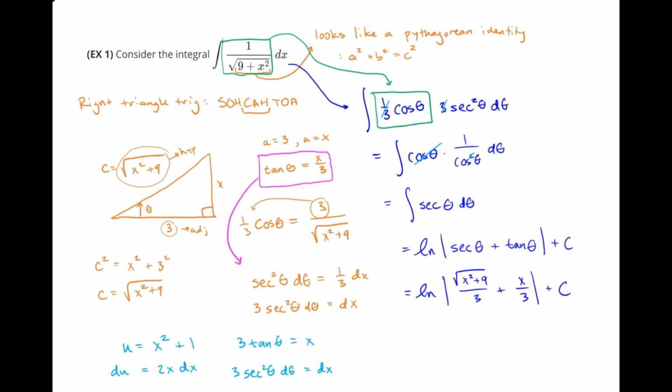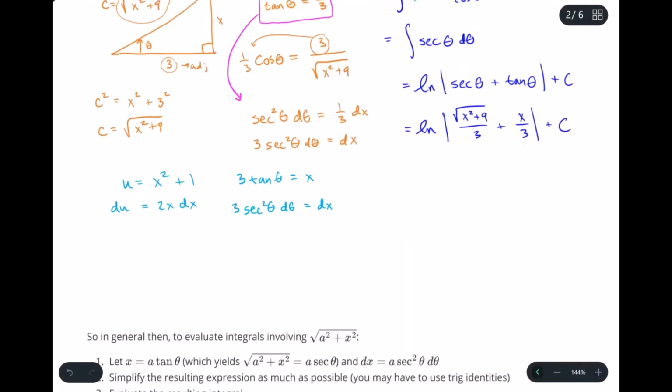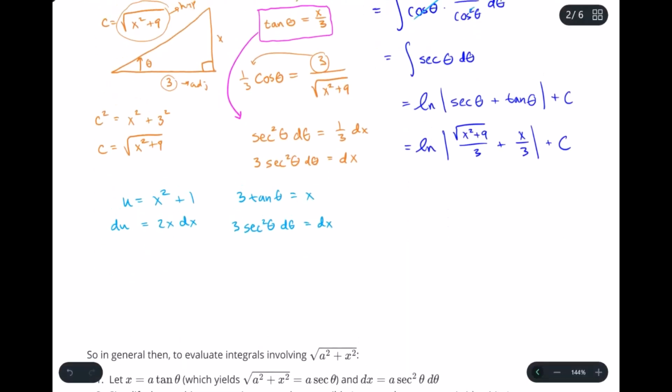Like, for instance, it would lead you to x equals 3 tangent theta. So here's what they would have done. And I'm just going to do this in a different color so you can see it. So an alternate method. They have the integral of 1 over 9 plus x squared dx.